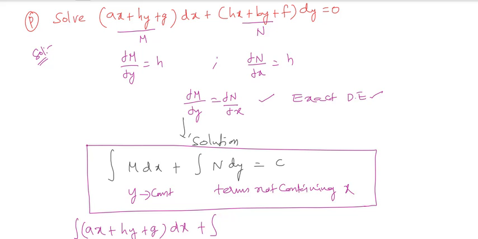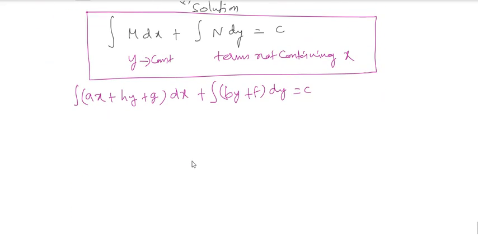In N, the term hx contains x, so it is not required. The remaining terms not containing x are (by + f) dy, which is equivalent to a constant. So do the integration for this. That's all, nothing more than that. What will we get here?